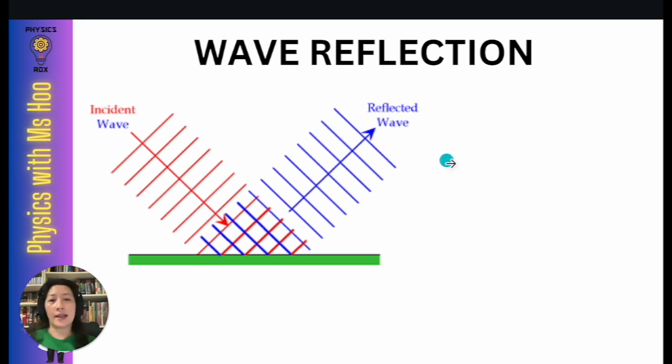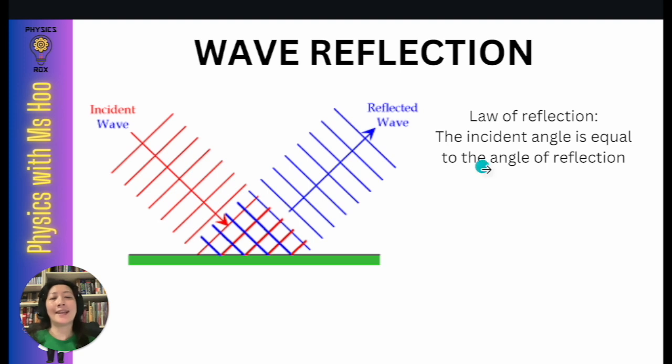Remember that for reflection, all waves, whether they're sound waves, light waves, electromagnetic waves, water waves, whatever waves, all of them obey the law of reflection, which states that the angle of incidence is equal to the angle of reflection. The angle we're referring to is measured from the normal line to the directional arrow.